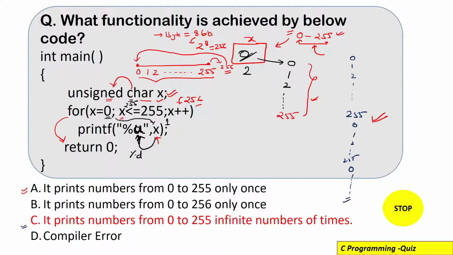When x was getting incremented to 256, the compiler says, I cannot store 256 inside x because it is out of range, so I will store x equal to 0. That means when x was getting 256, it will not actually store 256. It will store 0 again.